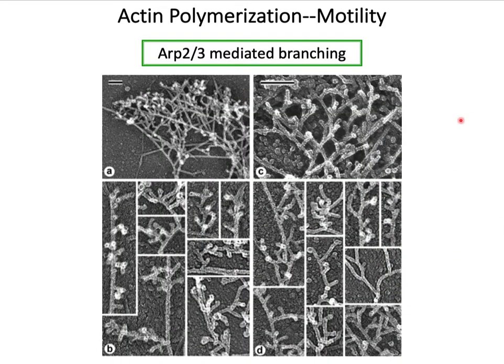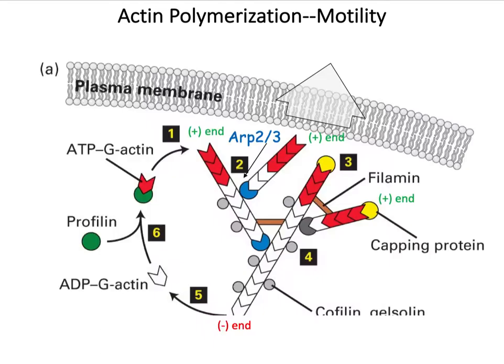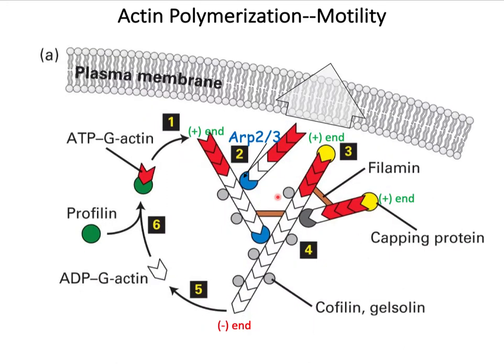On this slide, you can see that there is a very dramatic micrograph that shows the branching accomplished by the ARP2-3 complex. So here is what it looks like at the leading edge of the cell. You have actin filaments growing. You have the ARP2-3 bound to the side, shown here in blue. So you are forming these branches.